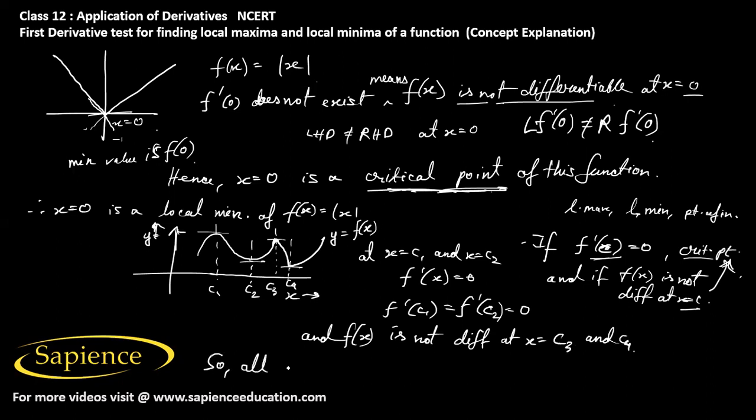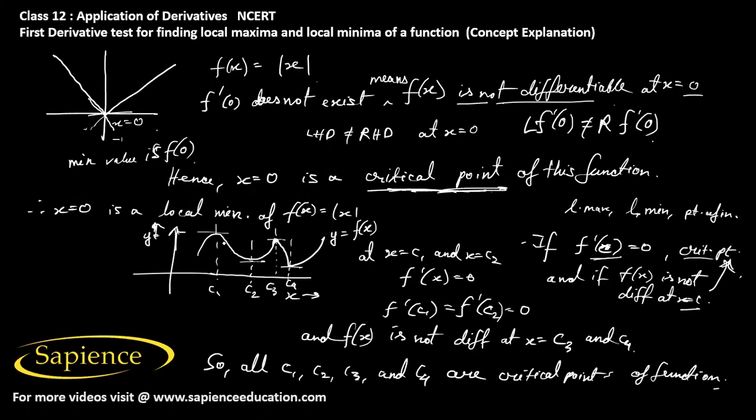So all these points, C1, C2, C3, and C4, are the critical points of the function.